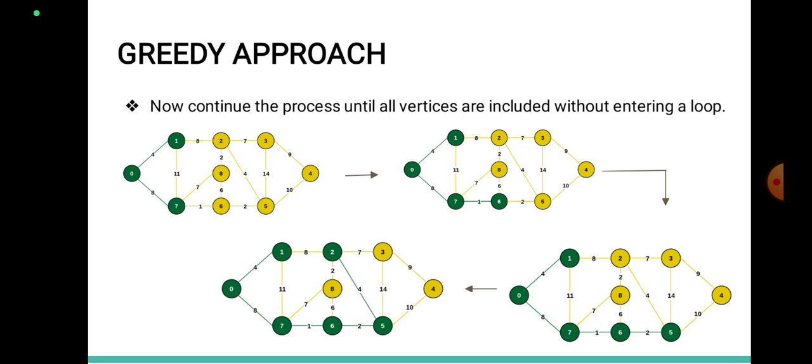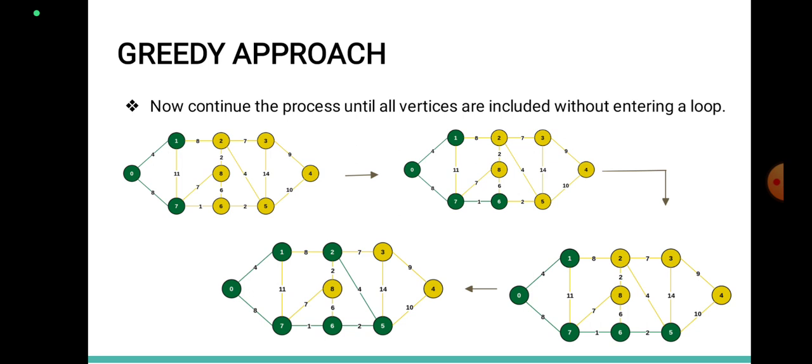Continue the steps accordingly. Next we have to choose from 1, 0, 7 and 6 the vertex with the edge having minimum weight. So we are choosing 5, which has the weight 2.